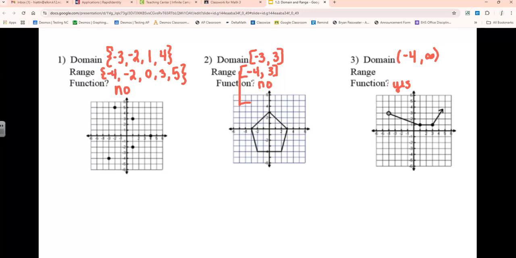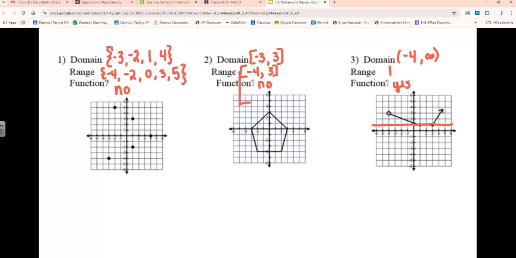Range, same thing. We just turn our ruler the other way. Start at the bottom. What's the lowest y value where we start to hit the graph? It's going to be right here. That's the first time that horizontal line starts to hit the graph. We look at the y-axis, and that's 1.